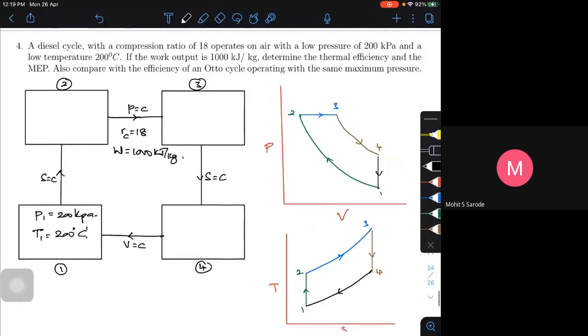Thermal efficiency is work done by heat supplied, and mean effective pressure is work done by stroke volume. I can go by that logic, then I can find the remaining things.